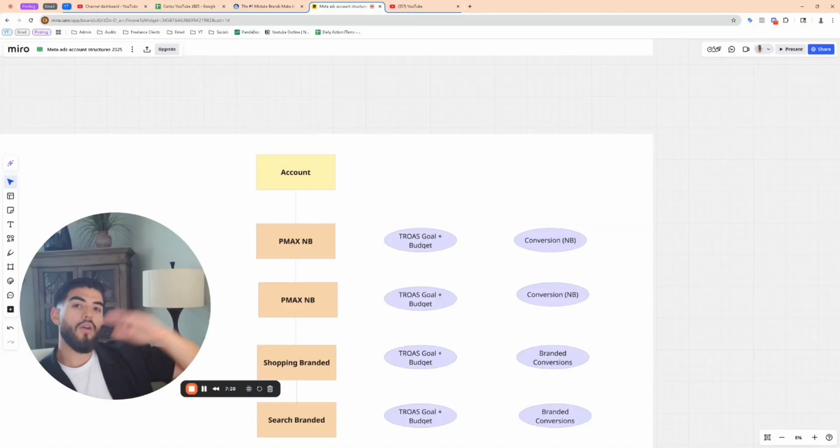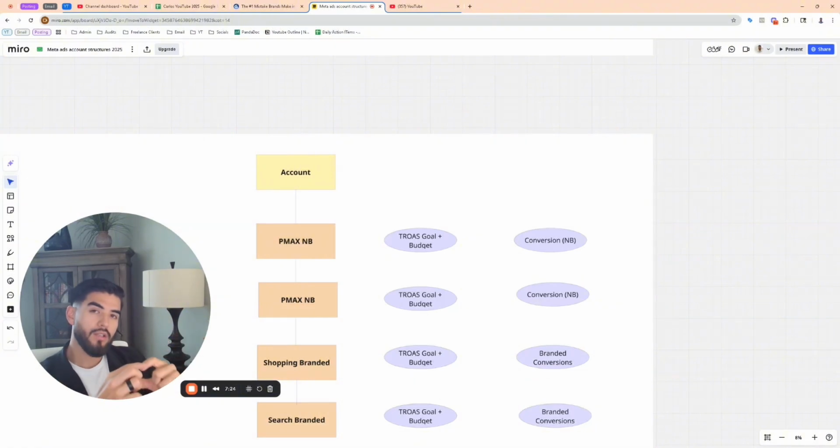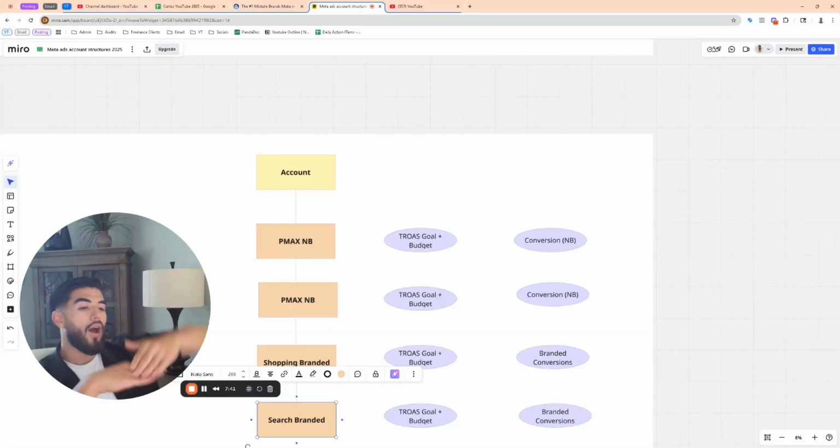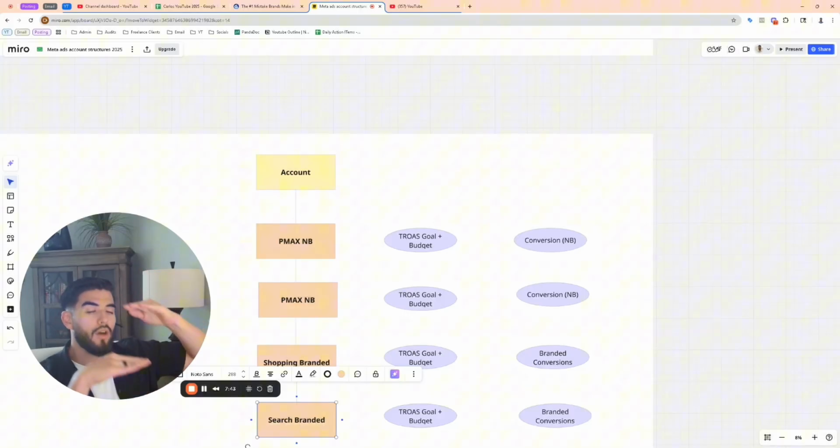This does take a little bit of time to set up, but when you start looking at your data long term, you'll know, hey, I can only spend about $80 a day on this shopping campaign and maybe $80 a day on this search campaign, and I'm at 100% impression share. I know with confidence we're showing 100% of the time for our branded conversions. This is only a branded conversions campaign. And so this is the point to which we can scale it, and you'll have confidence in that.